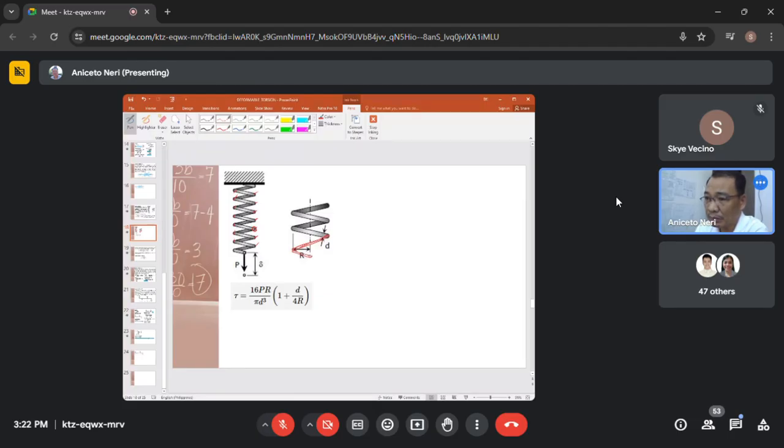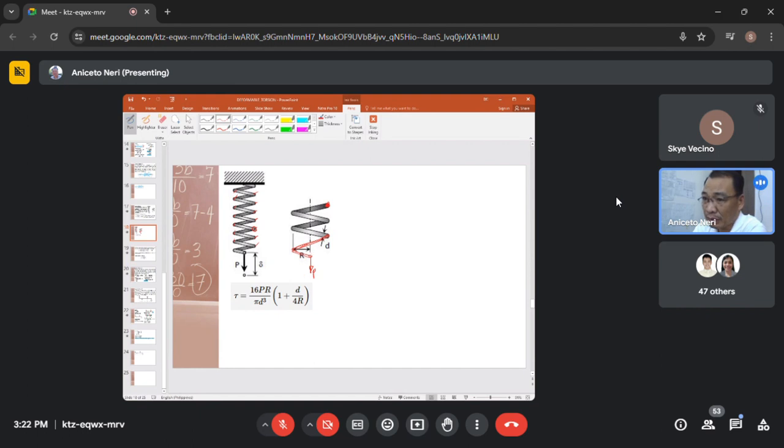No? And then, butangan na itong load dire, P. Mao na yung pinaka-critical nga portion. Dito nag-cut, no? 1, 2, 3, 1, 2, 3. So, kung ato nang ma-cut, pila yung maximum stress nga experience dire.